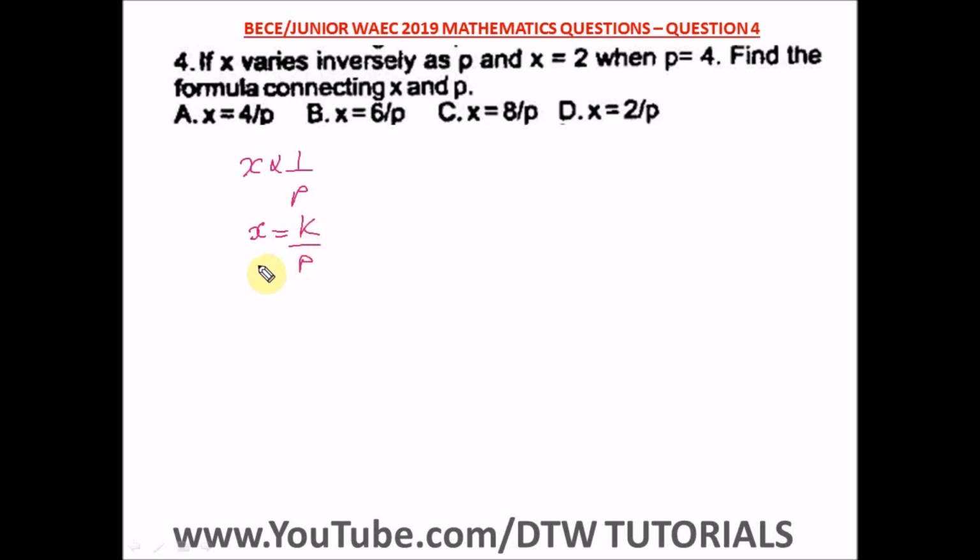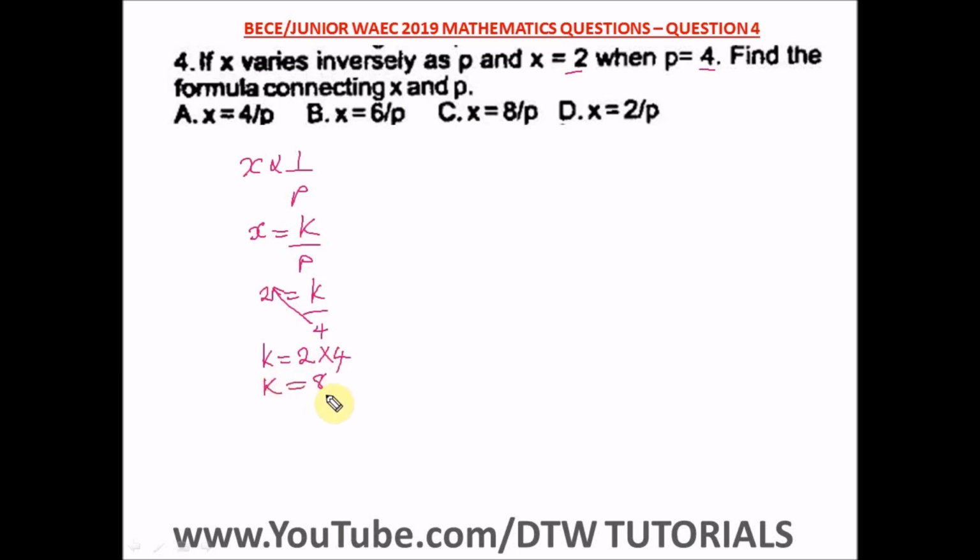So to get our constant, substitute the value of X as 2 and the value of P as 4. Follow me closely. Here our value of X is what? 2 equal to K. Our value of P is what? 4. So K, you cross multiply this here. So K is equal to 2 times 4, which is what? 8.